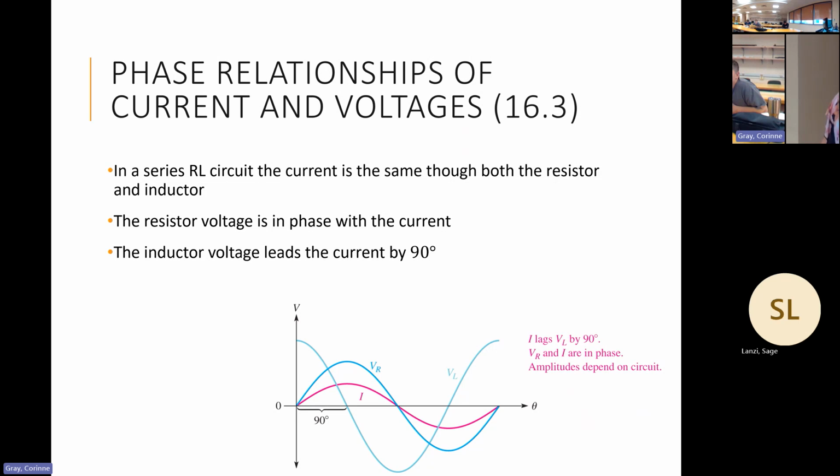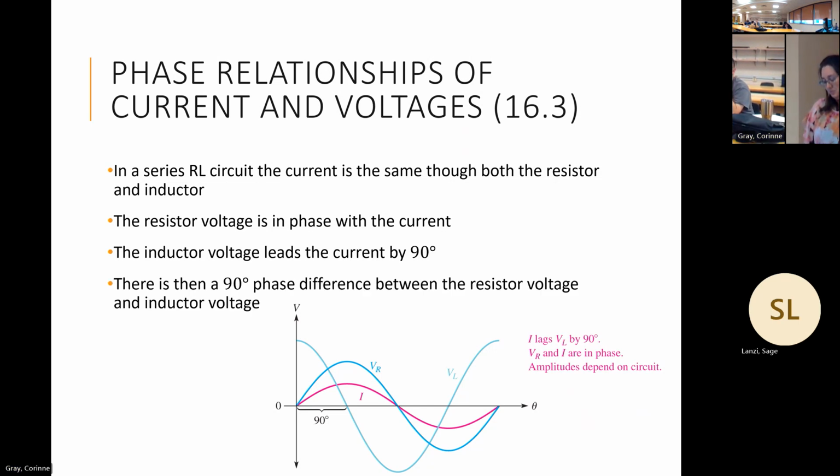So now that we have our resistors and inductors in a circuit together, the voltage across the resistor is not necessarily going to be in phase with the voltage from the source, because of how that inductor behaves. There's a 90-degree phase difference between the resistor voltage and the inductor voltage, where the inductor voltage leads by 90 degrees, which is why it is a positive cosine instead of a negative cosine.